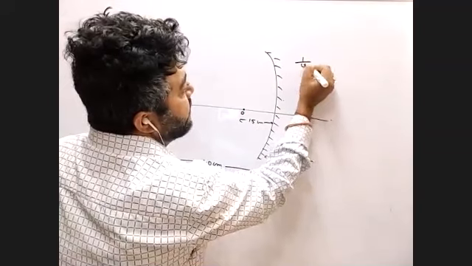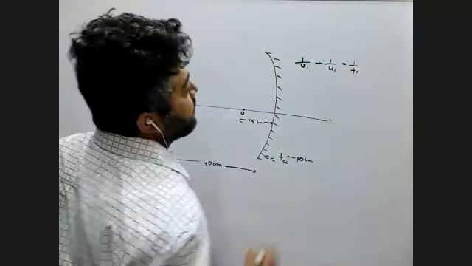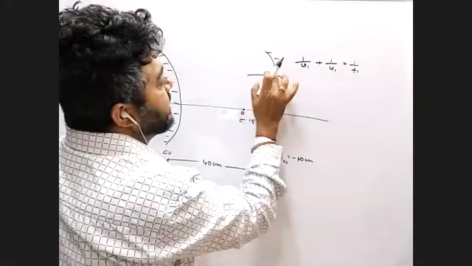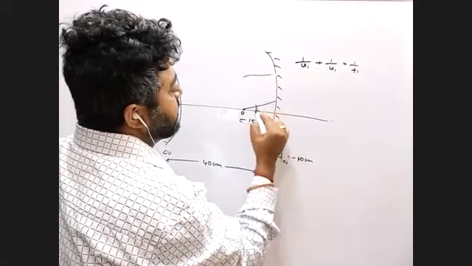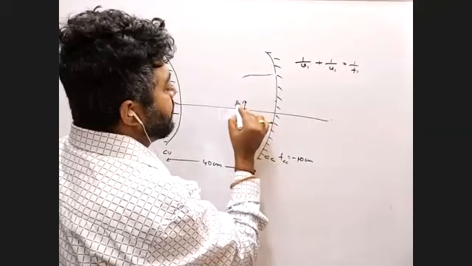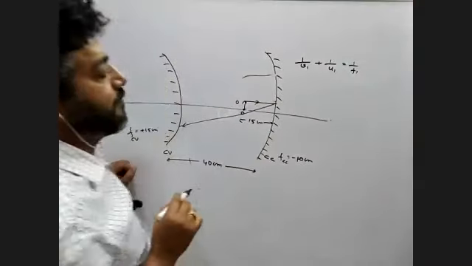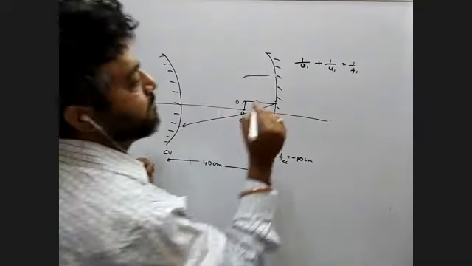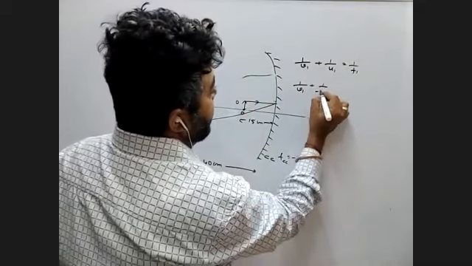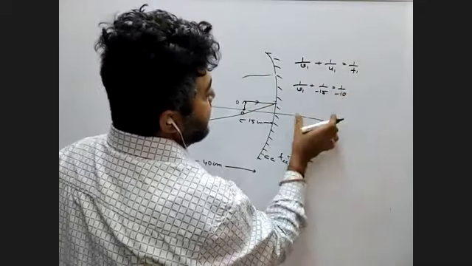1 by V1 plus 1 by U1 is 1 by F1, and obviously ray is moving like this. Suppose this is the object, so ray is moving like this. So what we can say, 1 by V1 plus minus 15 equals to 1 by minus 10.